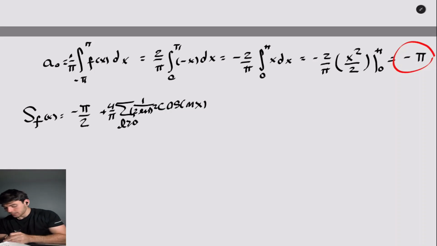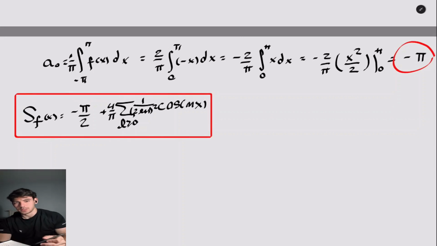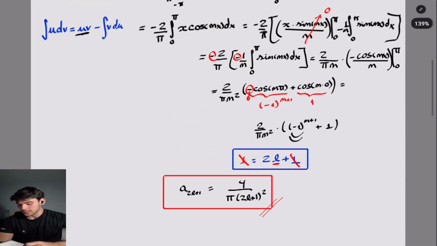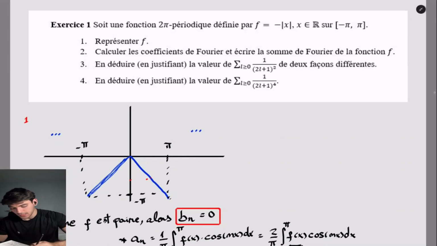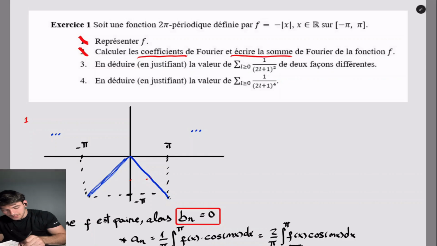So that's the sum of Fourier for our function. I guess that right now we've answered the second question. We've represented the function, we've calculated all the coefficients, and we've written down the sum of Fourier of the function f.